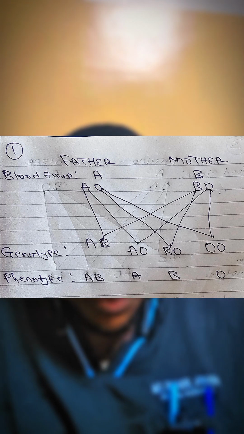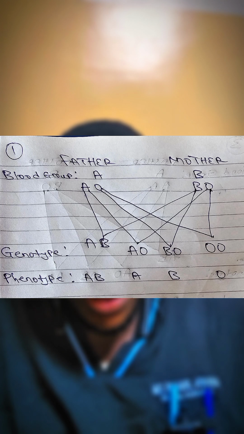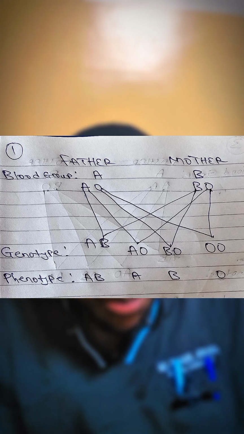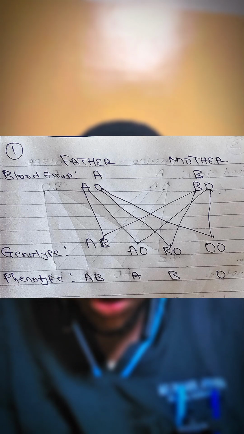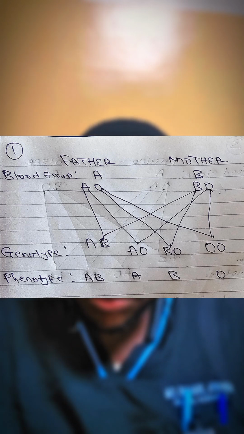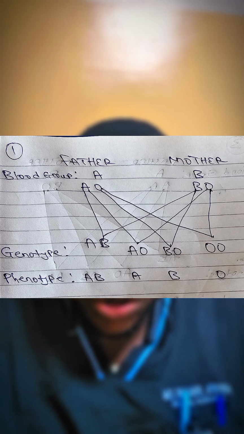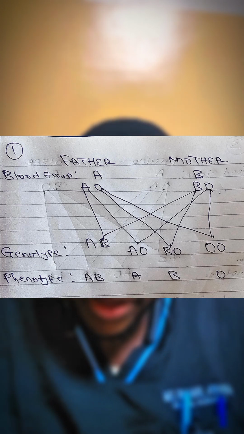If you look at case one, I classify them into genotype and phenotype. Phenotypically, you see A, B, and O. But genotypically, if the child is AB, he inherited the A and B genes.